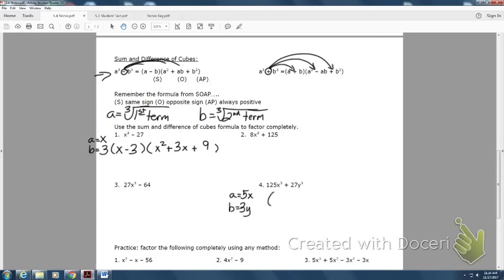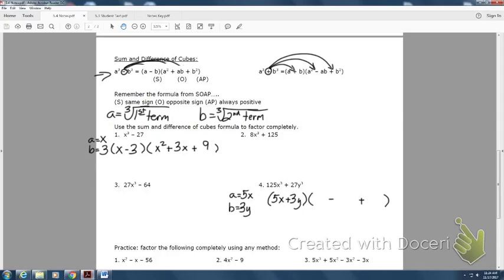I'll go through and put my signs in. So I'm going to have same, which is plus because there's a plus in the problem. Opposite, always positive. So first is just A and B, so 5x, 3y.